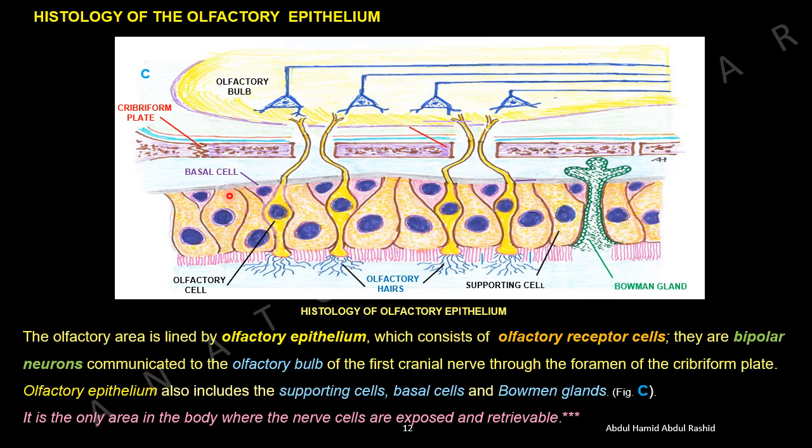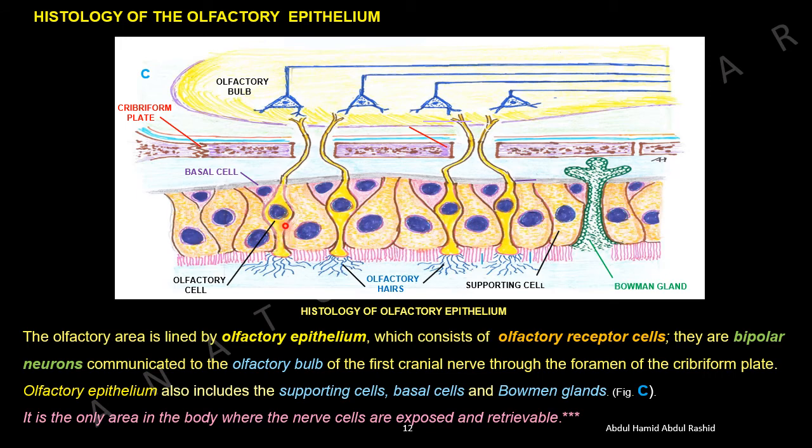In this olfactory epithelium, we have olfactory receptor cells. These are the olfactory receptor cells. They are bipolar neurons. Through the foramina in the cribriform plate, they communicate with the cells in the olfactory bulb.